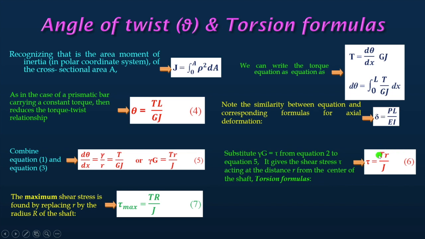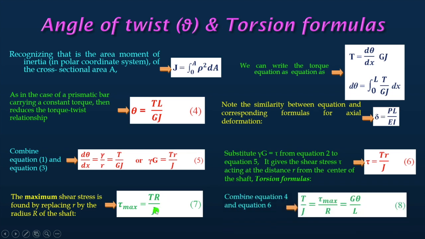And this shear stress, as it is a function of distance, the maximum value will be for the maximum value of r, which is equal to capital R. So maximum shear stress is developed on the circumference, and the magnitude is TR by J. So from here we can write down T by J equals tau max by R, equals G theta by L.